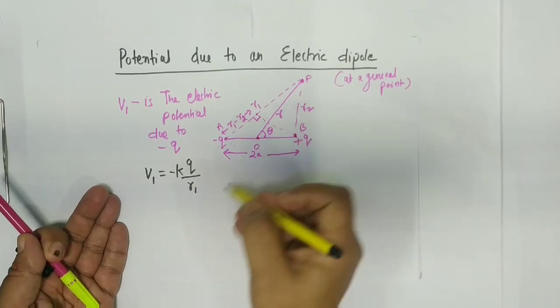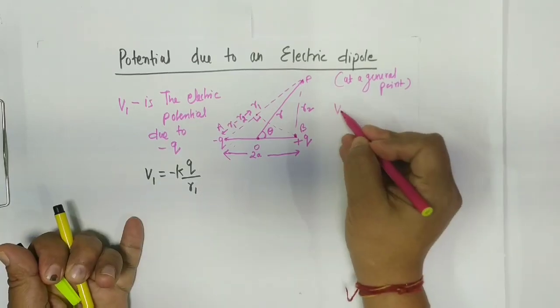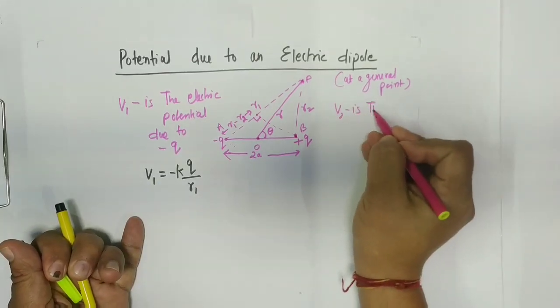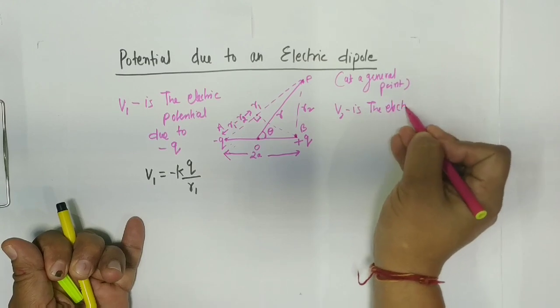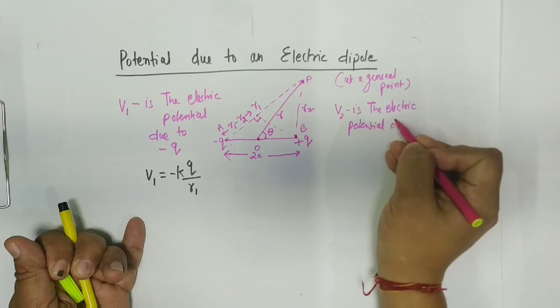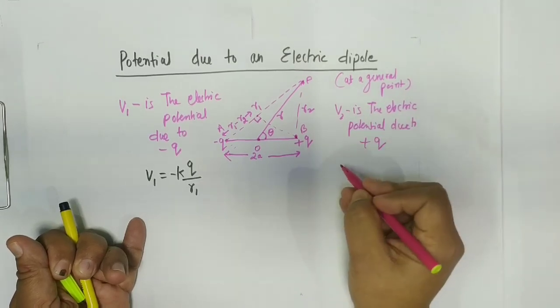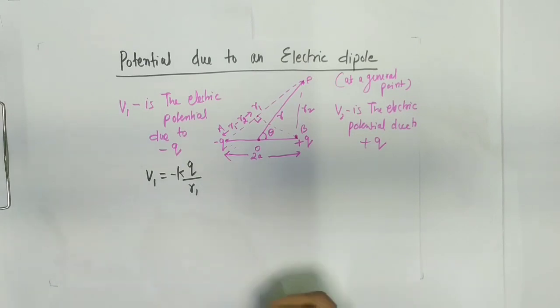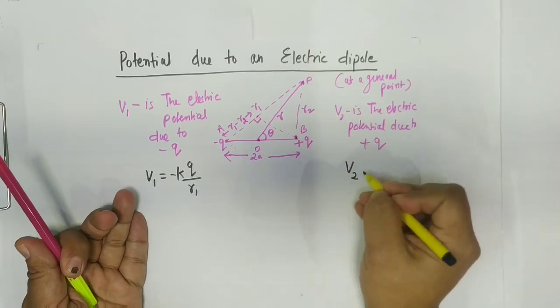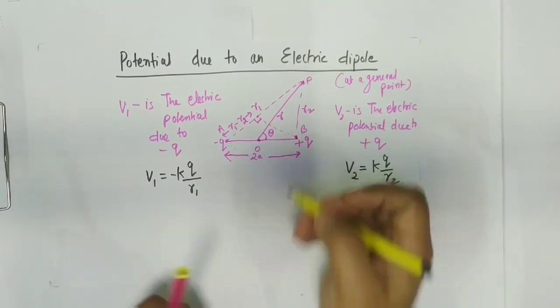Similarly, V2 is the electric potential due to plus Q. V2 will be KQ by R2, since this is a positive charge.